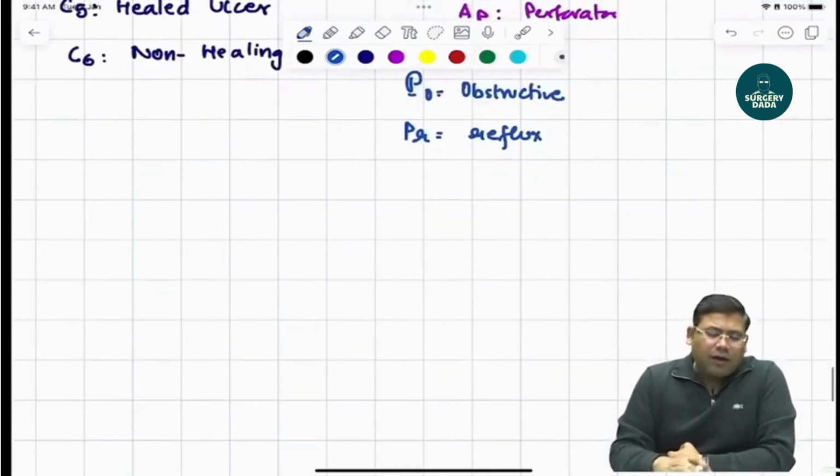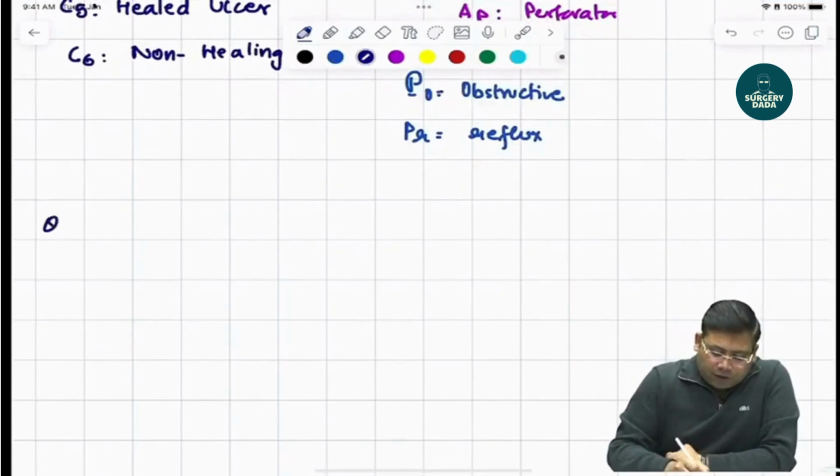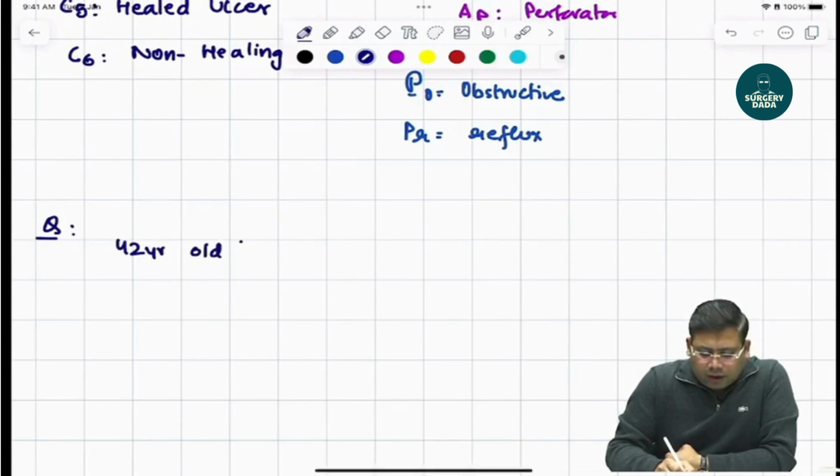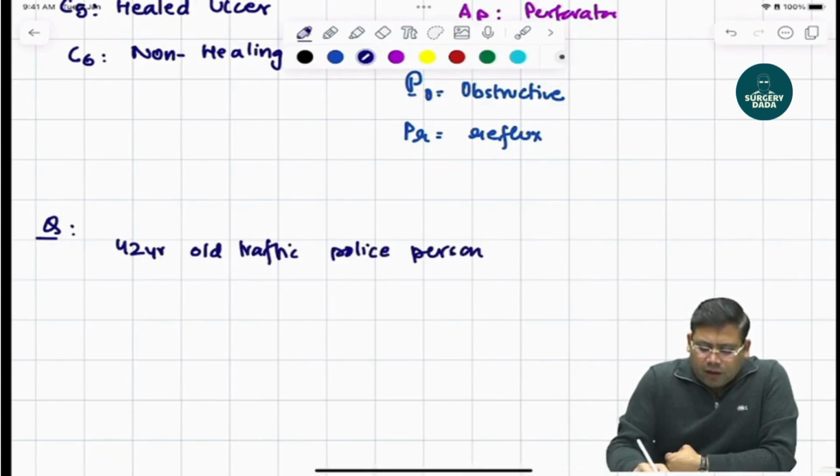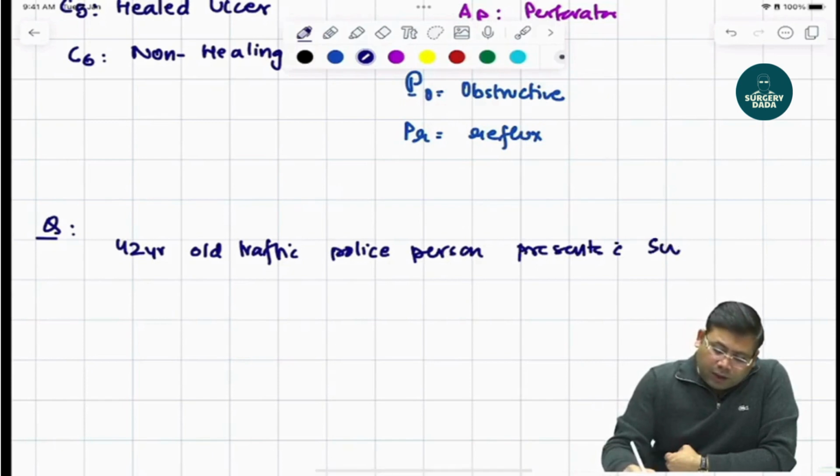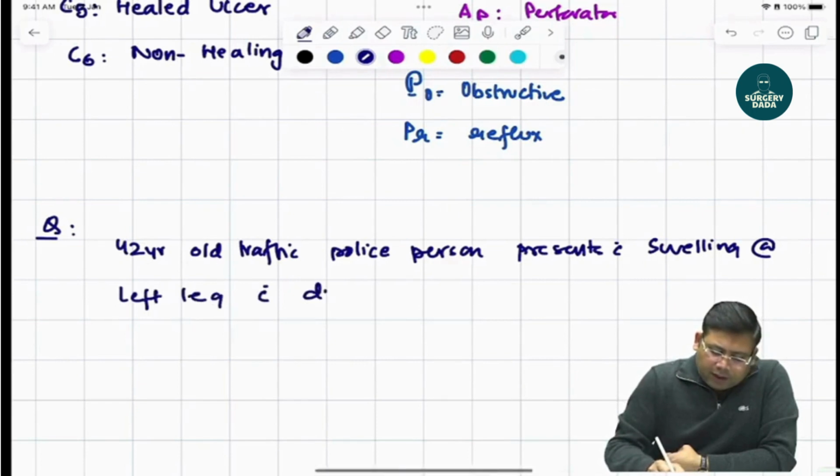So suppose I give you a classical small question. A 42-year-old traffic police person presents with swelling over the left leg with dilated veins.